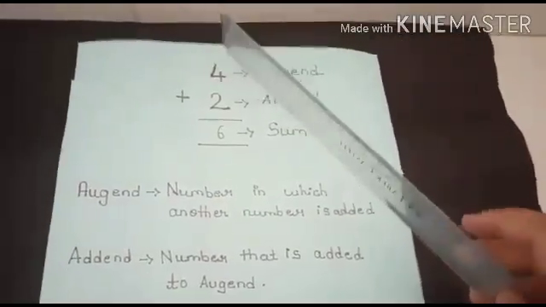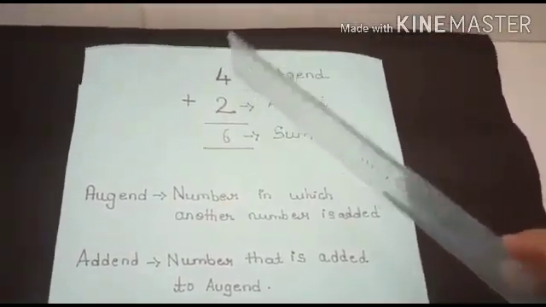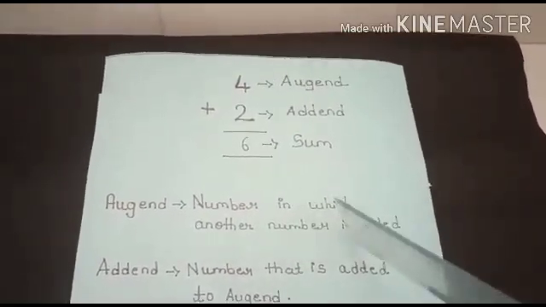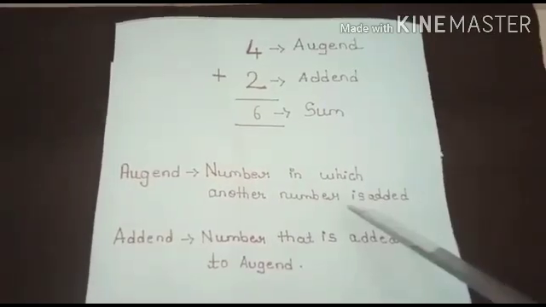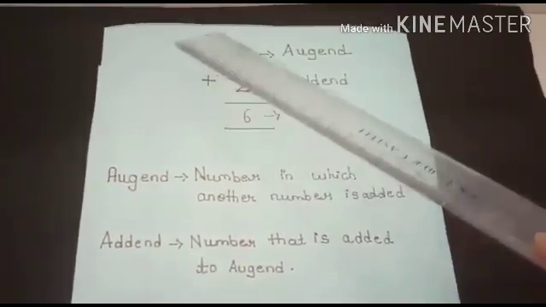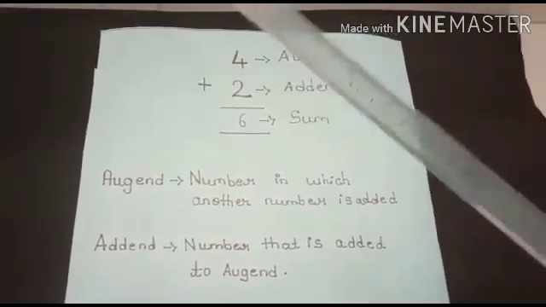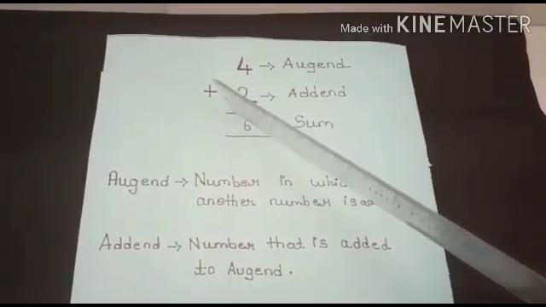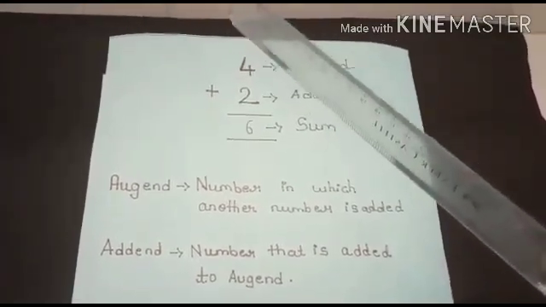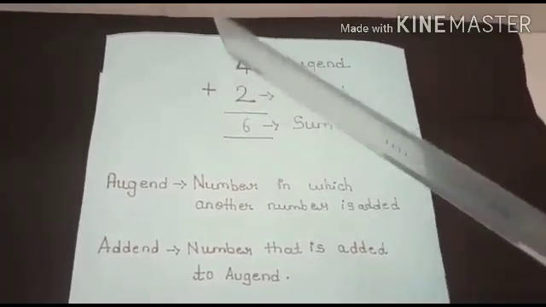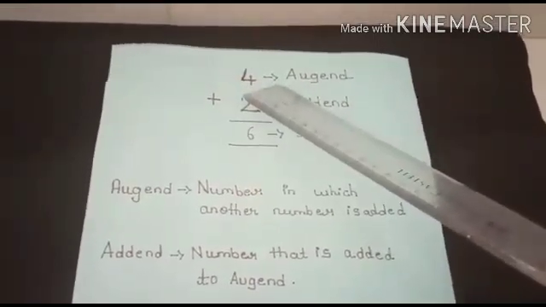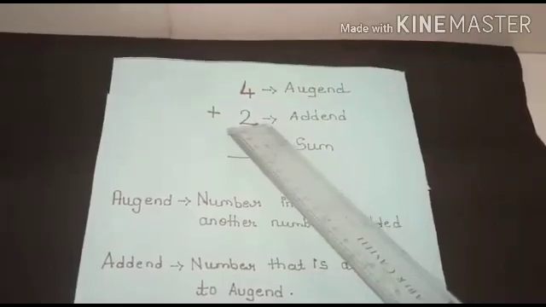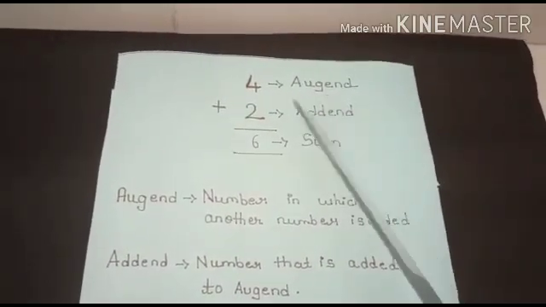So here this is the first digit. This is the number to which another number is added. And what is 2? Because we are adding 4 plus 2. We are performing the operation 4 plus 2. So 4 is our augend and 2 is our addend.